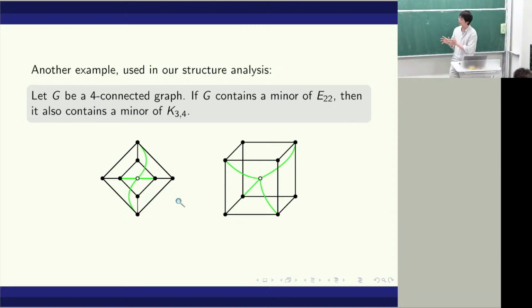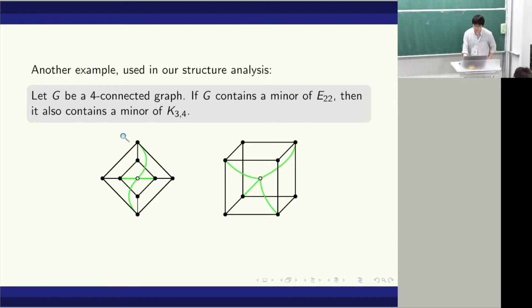So if G contains a minor of some graph, we know that we can always find a model in the following sense. If G contains a minor of a cubic graph, we know that it actually contains a subdivision of the cubic graph, right?